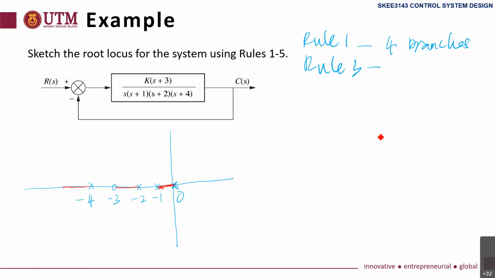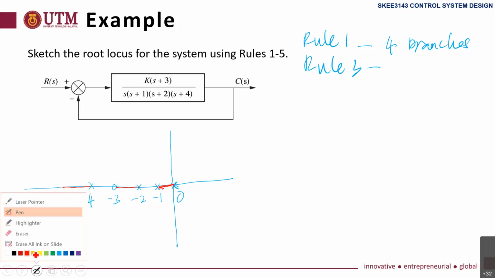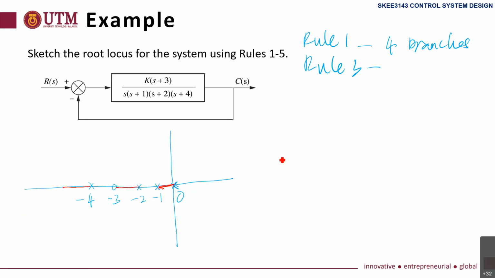Then rule number 4. Rule number 4 says that root locus starts from pole. From pole, it starts from here. So the arrow goes out from the pole.